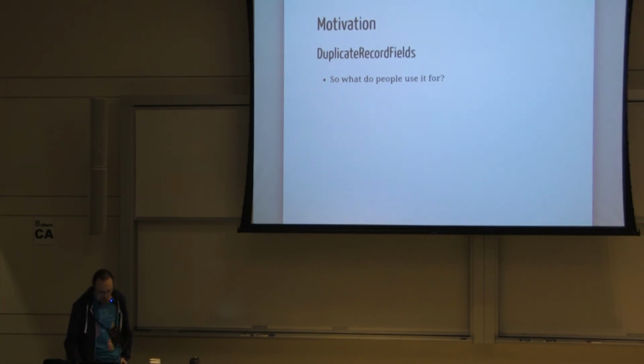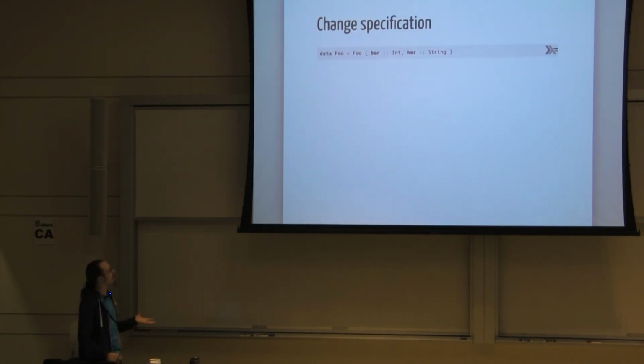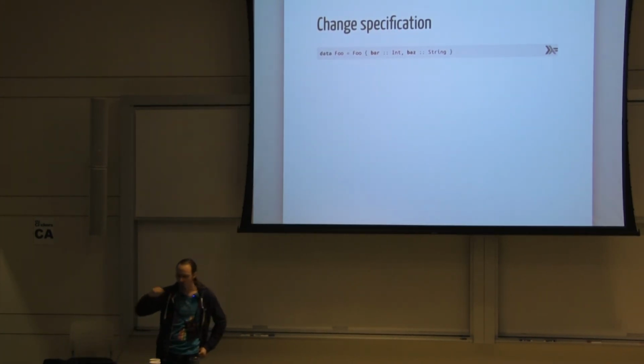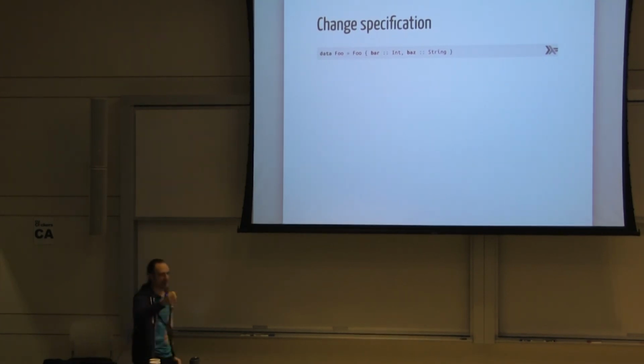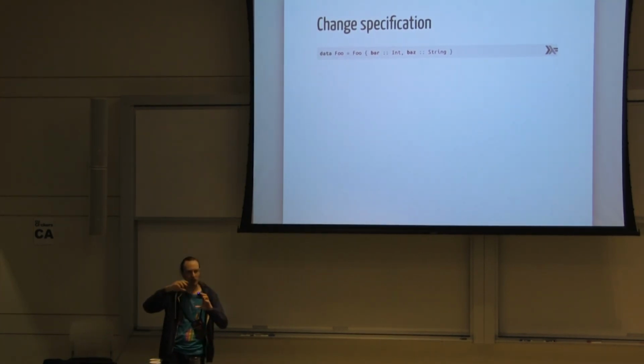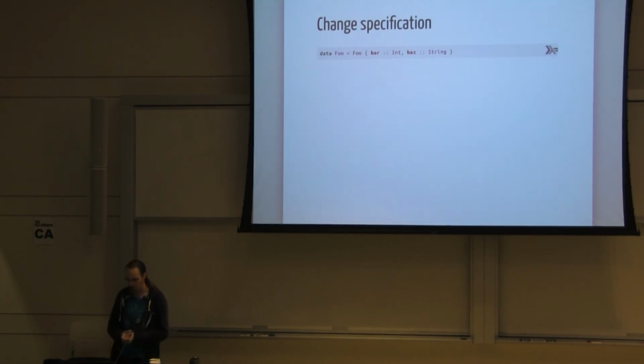So the idea here is, let's go from the beginning. What does this actually generate? This generates a type Foo. It generates the constructor Foo, which is a value, and the two functions bar and baz, which are then top-level functions, which means they basically block your namespace.